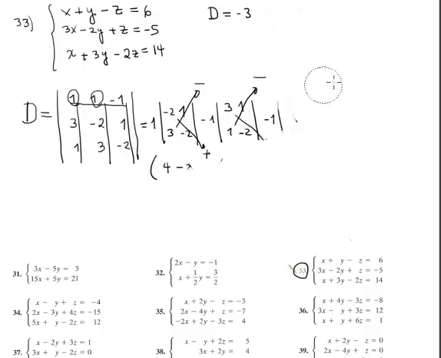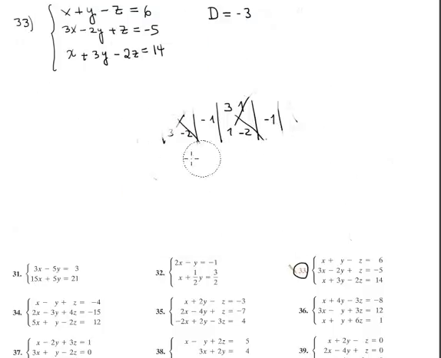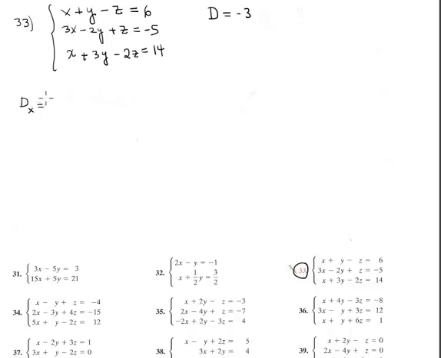Now let's compute dx. For dx, you replace the first column by 6, negative 5, and 14, the right hand side, and the rest stays the same. 1, minus 2, 3, negative 1, 1, and negative 2.